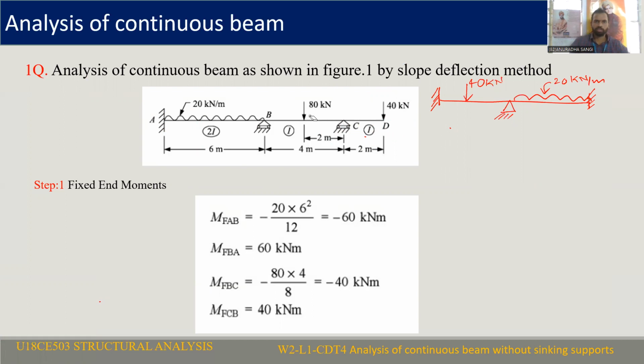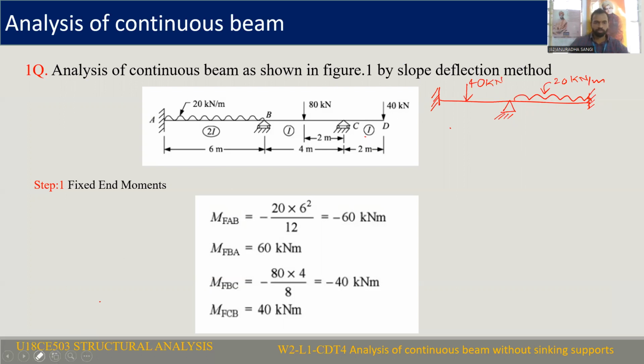The BC span is subjected to 80 kN load. This is a concentrated load, a symmetrical point load, acting at a distance of 2 meters from the support C. The moment of inertia of BC member is high, and for CD member the moment of inertia is high, and it's subjected to the point load of 40 kN.